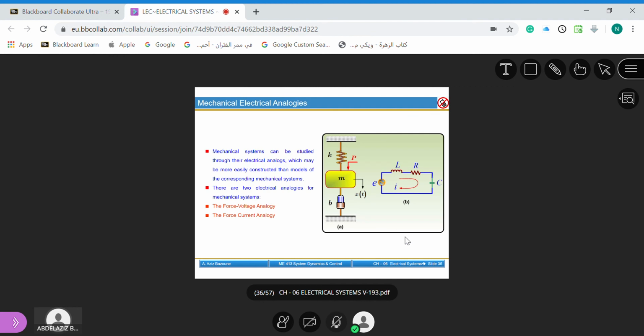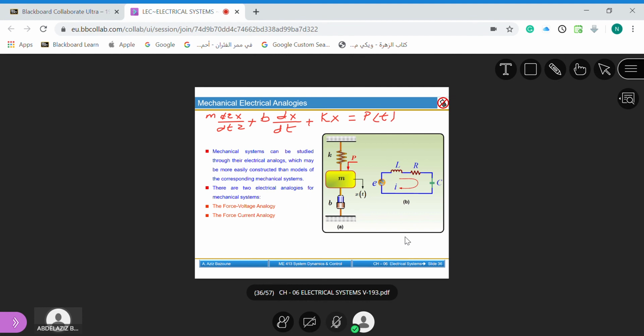If we write our equation for this system here, for example, the equation of motion is simply mass times the output acceleration, m d squared x over dt squared, plus b dx over dt plus kx is equal to p of t.